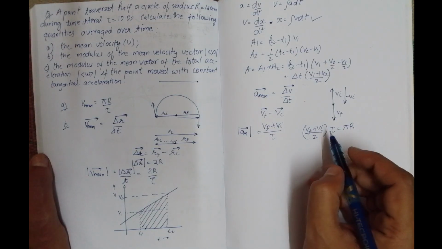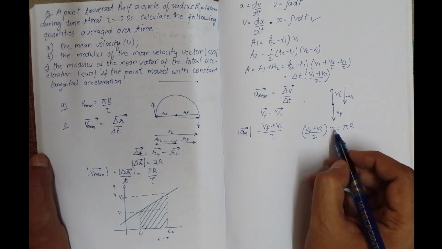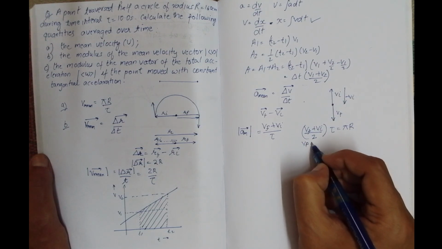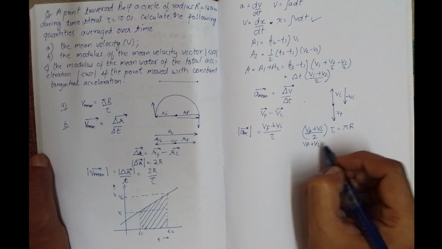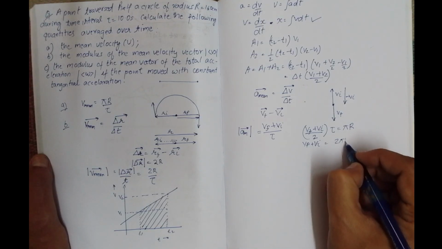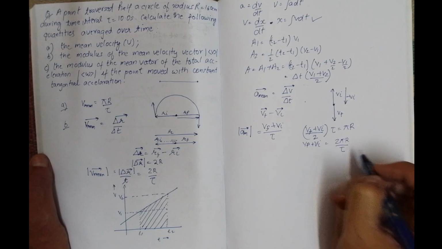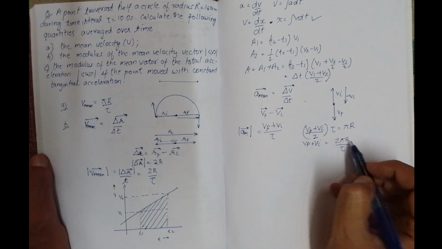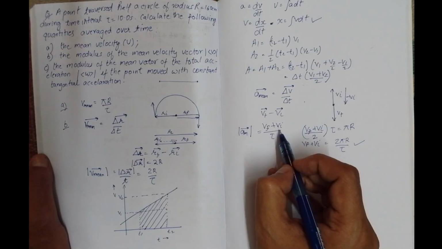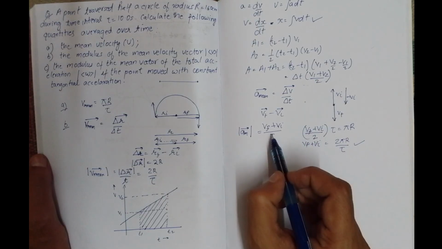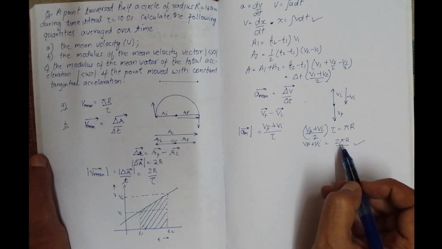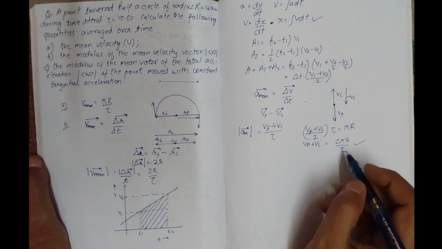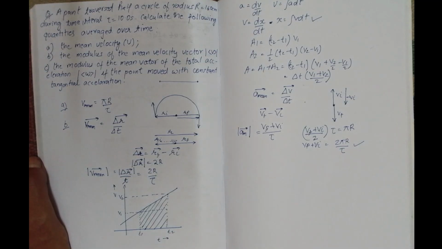Right? So VF plus VI is equal to 2 pi r by tau. Put this value of VF plus VI here, and we will get VF plus VI by tau equal to 2 pi r by tau square. Right? After that you can just substitute the values and you will get the answer.